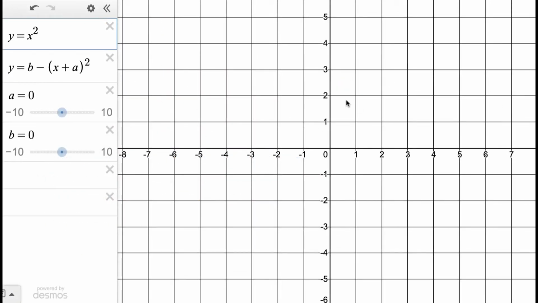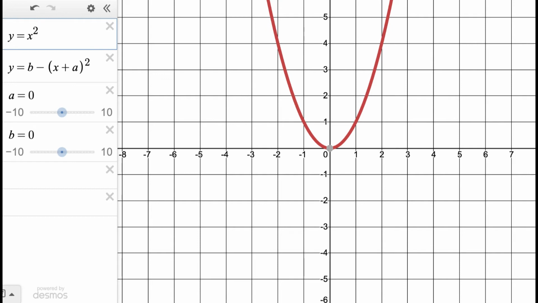So here we have a graph, and here's y equals x squared. Now, here's the expression that's given in the question, b minus (x plus a) all squared. I've set a at 0 and b at 0. In other words, we've got y equals negative x squared.